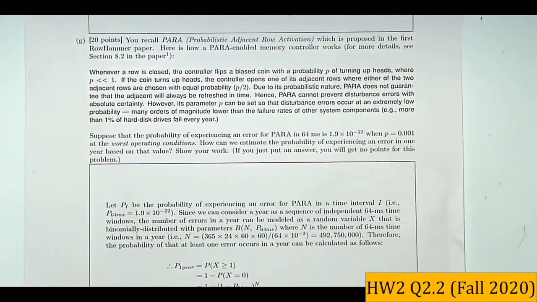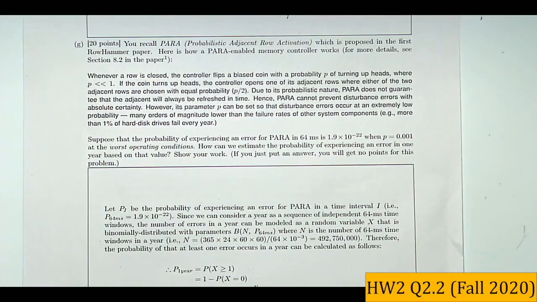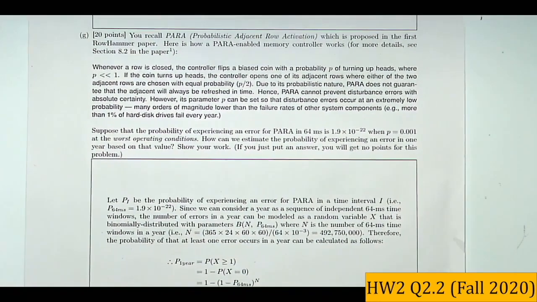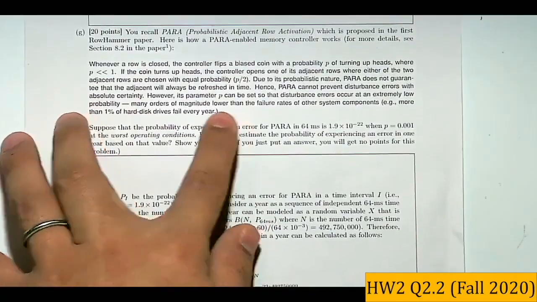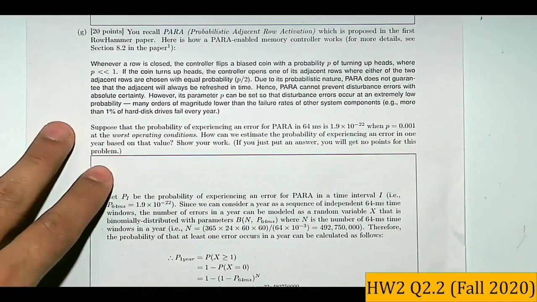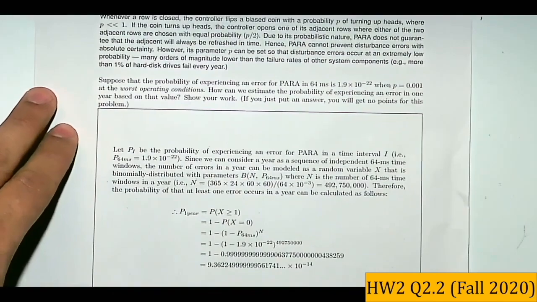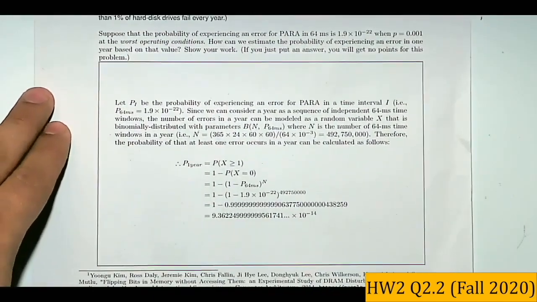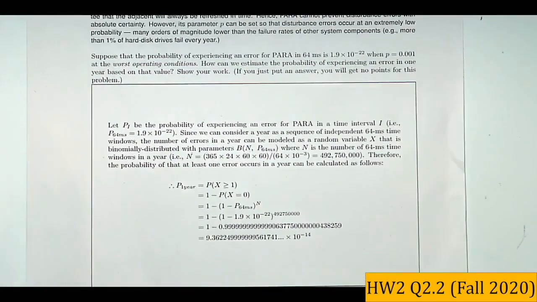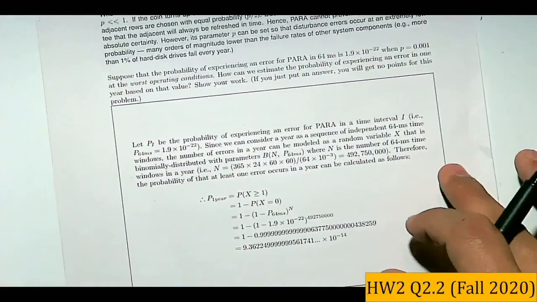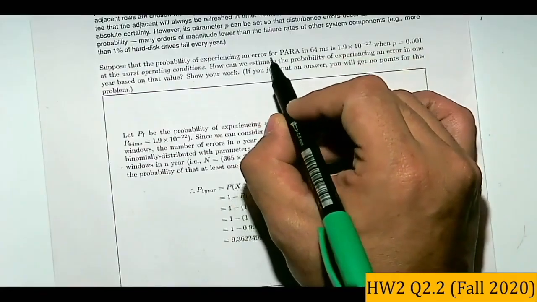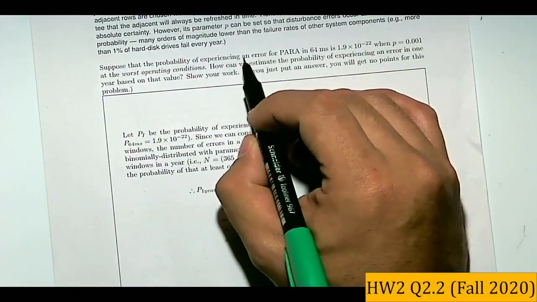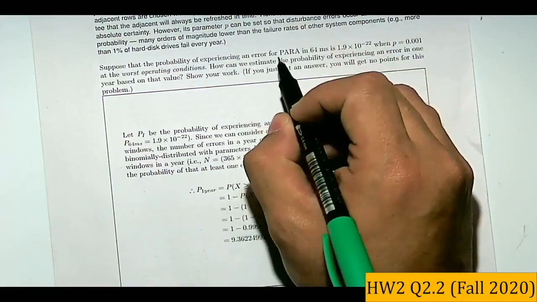And the final question, you recall PARA, which was proposed in the first RowHammer paper. And here is some description of how PARA works. And I suppose you are already aware of it. So the key question is, we know the error rate of PARA.